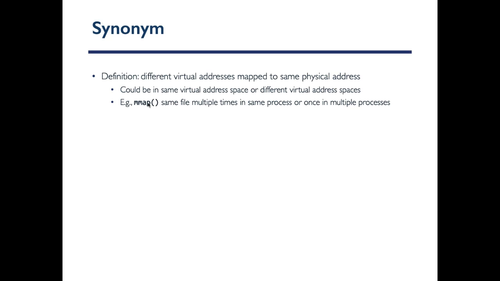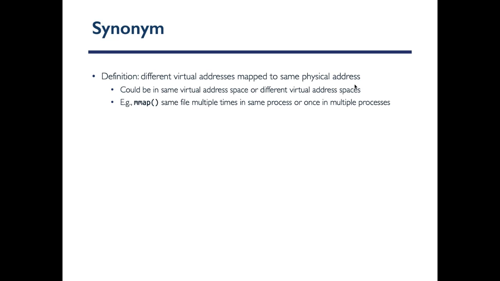I have a question here. So this shared physical page would have to be read-only, right? Not necessarily, right? Let's say two processes are reading and writing from the same file, and both of them have mapped the file to their virtual addresses.